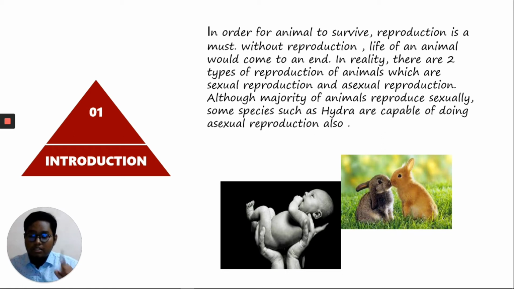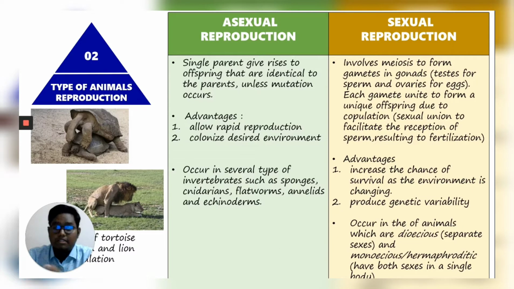The first one is sexual reproduction and the second one is asexual reproduction. Although the majority of animals are capable of sexual reproduction, there are some species, such as Hydra, that are capable of doing both types of reproduction. As you can see, the two types are asexual reproduction and sexual reproduction.